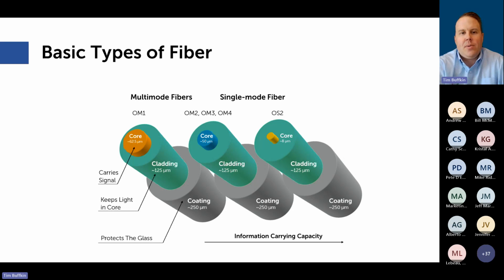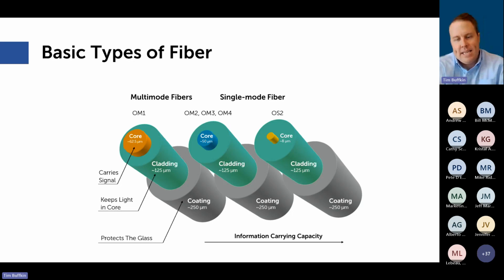Now, the plus side of the single mode, though, is when we go back to the cone of acceptance, right? The angle at which you could send light into the fiber, with the core being that large, those angles can increase a lot more. Whereas when you go into that tiny 8 micron core of a single mode fiber, think of the difference in a core being this small versus this big, right?